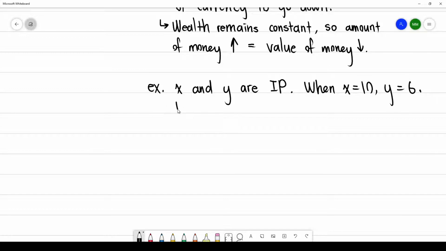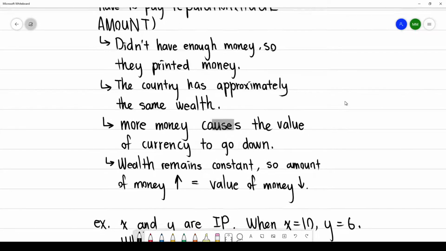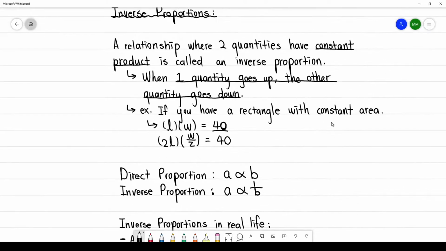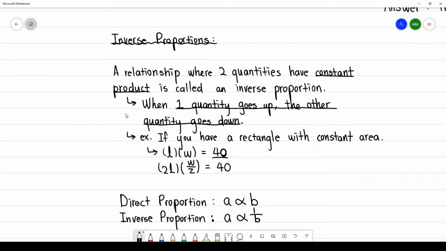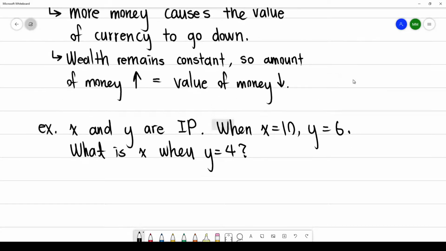The question is, what is x when y equals 4? I want you guys to try this question out. Pretty basic. Just remember the basic properties of inverse proportion: constant product, and when one quantity goes up, the other goes down. If you don't feel like speaking up, just type it into the chat.